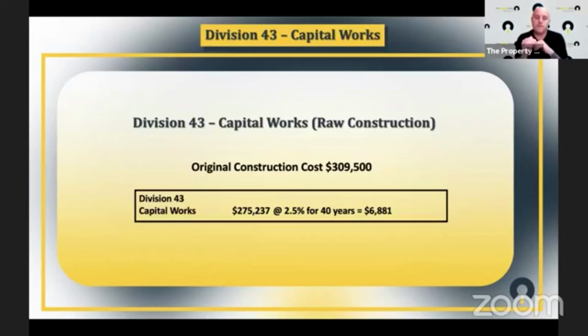What that means is at 2.5%, $6,881 is what you're allowed to claim against your rental income or against any losses against your personal income with this allowance. So if you buy an older place, you won't have as much of this, and you probably won't have any fixtures and fittings at all. But just the raw construction cost, that's $6,800 you can get done straight away. That's every year for the next 40 years that you can claim against your property.